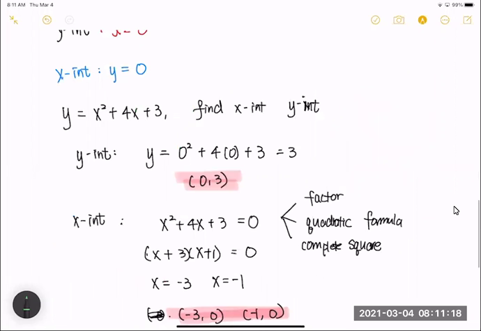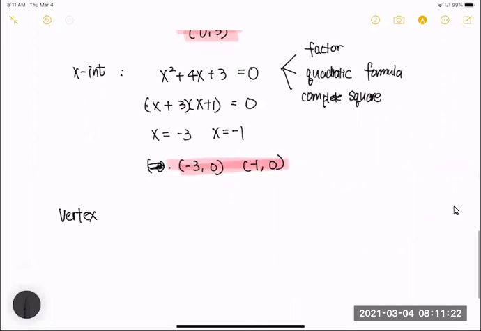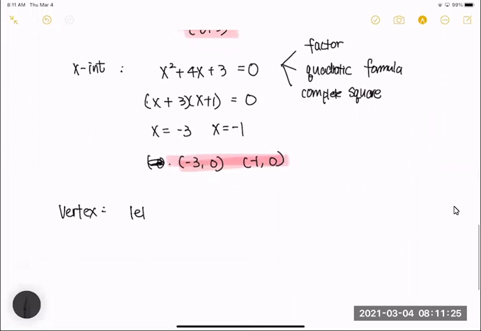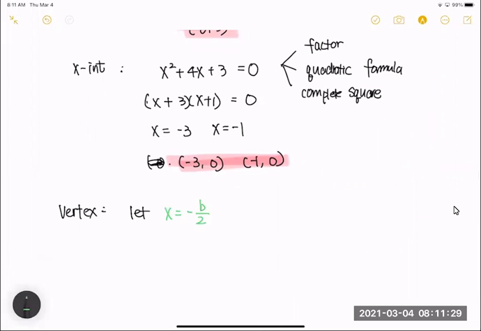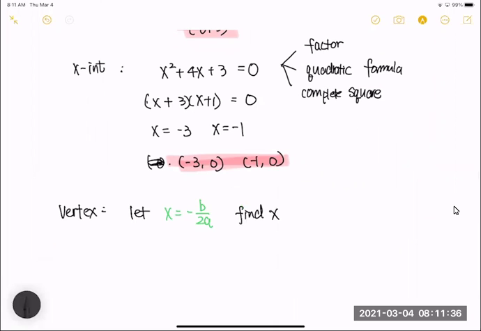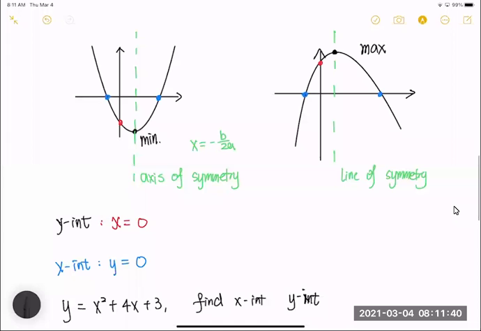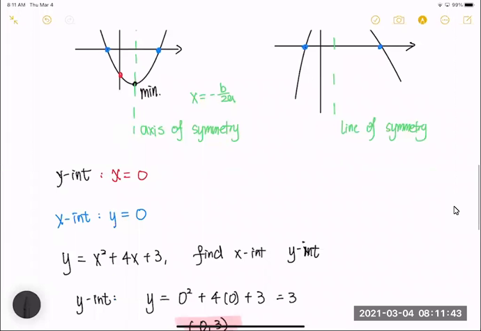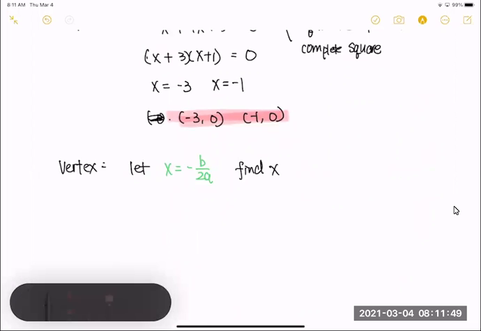Okay, so I'll write it here. For the vertex, we let x equal -b over 2a. That's the line of symmetry, to find x. So how do we find y? Since the y coordinate is also on the graph, what you want to do is substitute x into the function to find y.